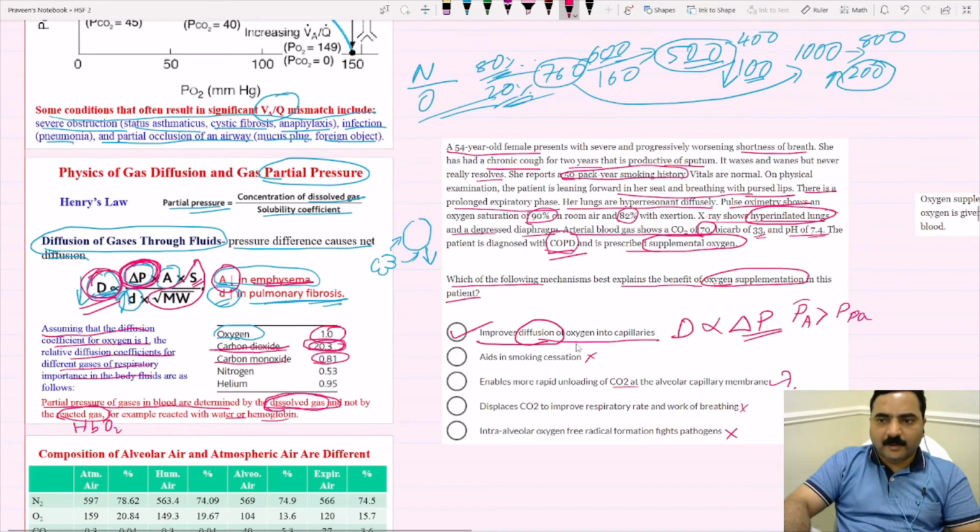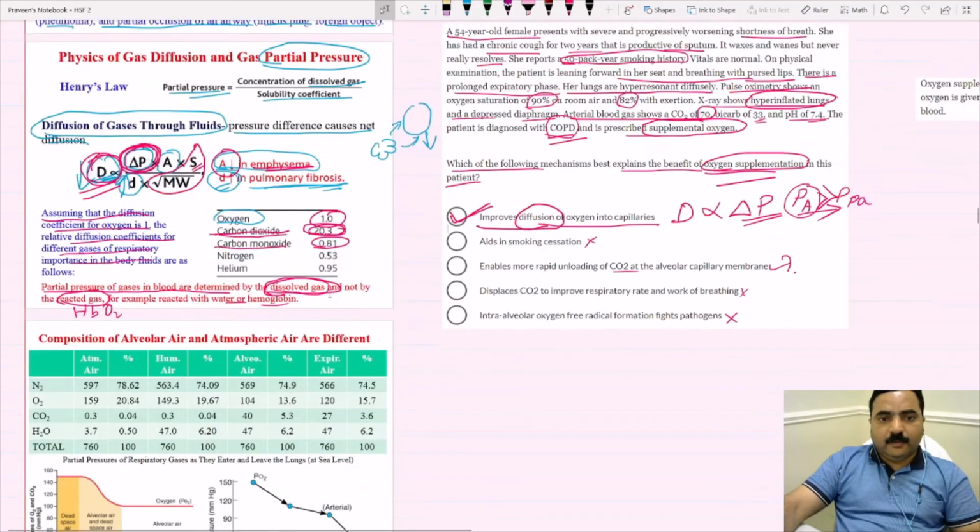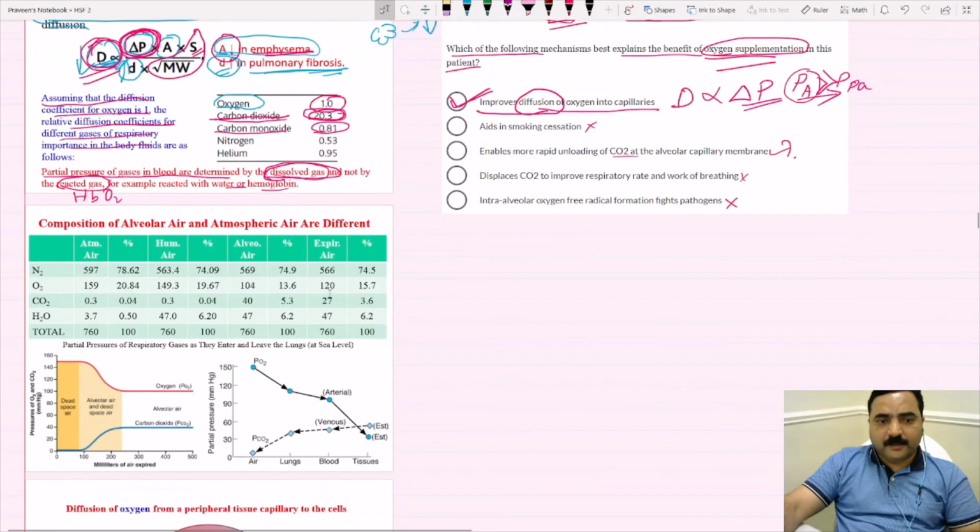If you give supplemental oxygen, this pressure will be more and there will be more diffusion happening. It will go easily from the alveoli to the blood. So in order to increase oxygen availability, you can give supplemental oxygenation. This is the correct answer choice. Let's see more about the partial pressure of the gases.